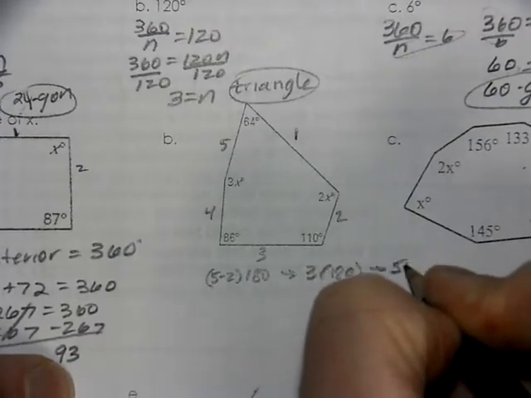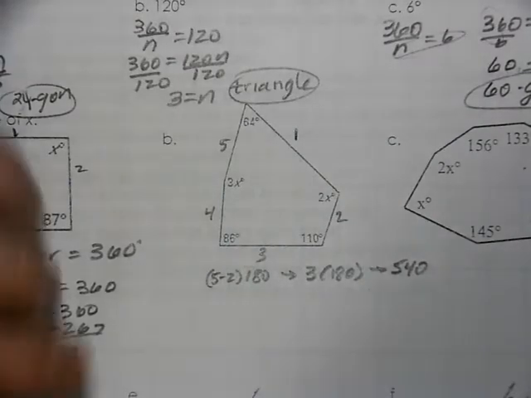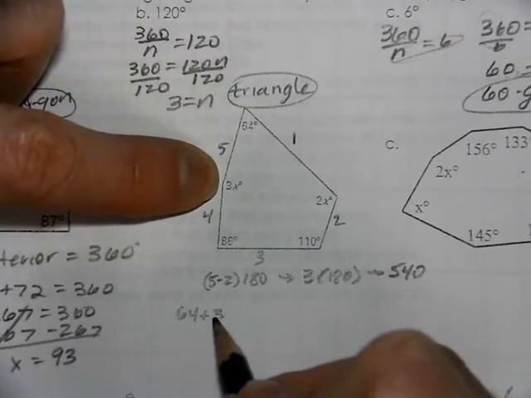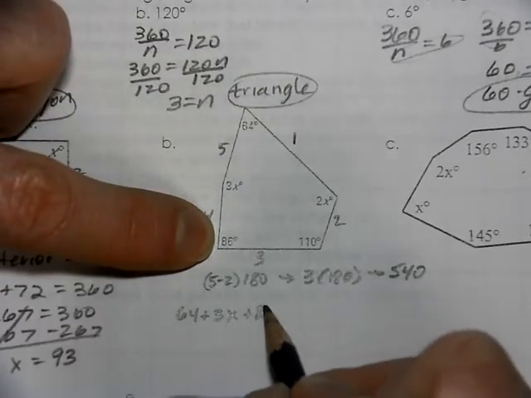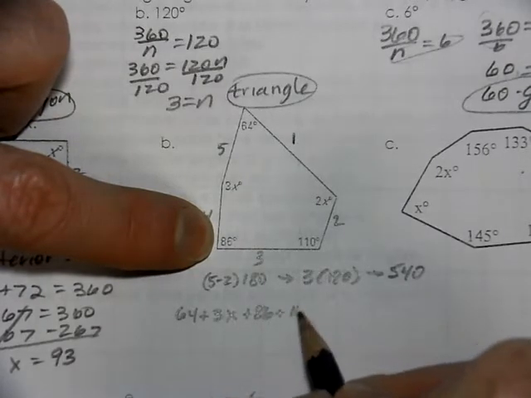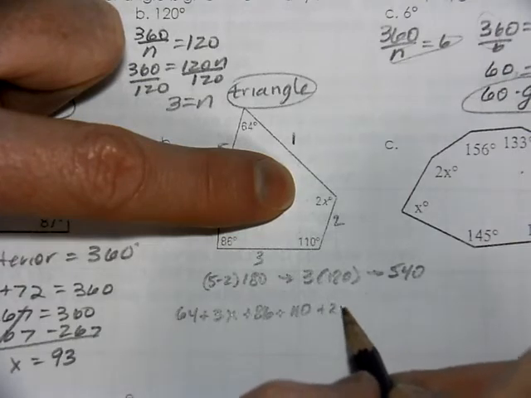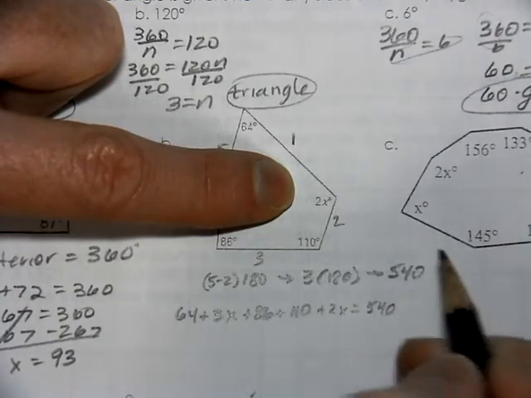That is 540. So now we can take this 64 and the 3x and the 86 and the 110 and the 2x and equal them to 540.